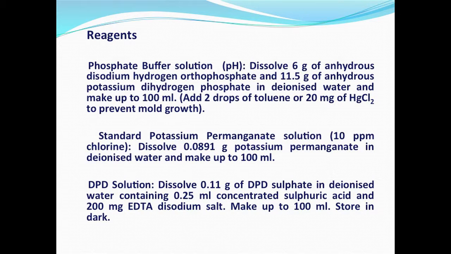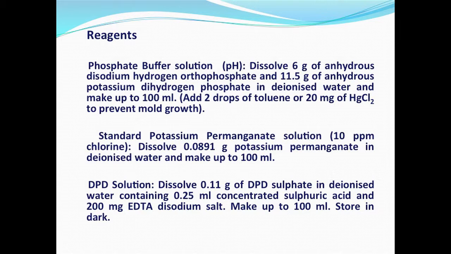The reagents are very simple. For the phosphate buffer, you have to dissolve 6 grams of the mixture of disodium hydrogen orthophosphate and potassium dihydrogen phosphate in deionized water and make it up to 100 ml. Sometimes we add 2 drops of toluene or 20 milligram of mercuric chloride to prevent mold growth.